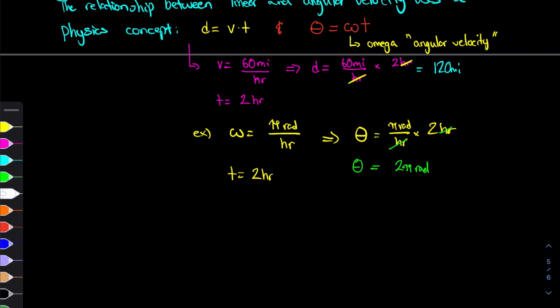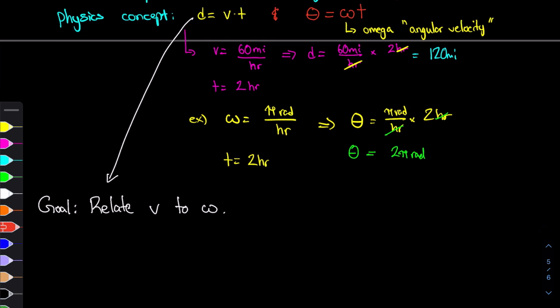And our goal is to basically figure out a relationship between our linear velocity v and our angular velocity omega. So what I'm going to do here is simply give you the equation, which is basically that the linear velocity, the speed at which the car is moving, is equal to the radius of your circle times the angular velocity.